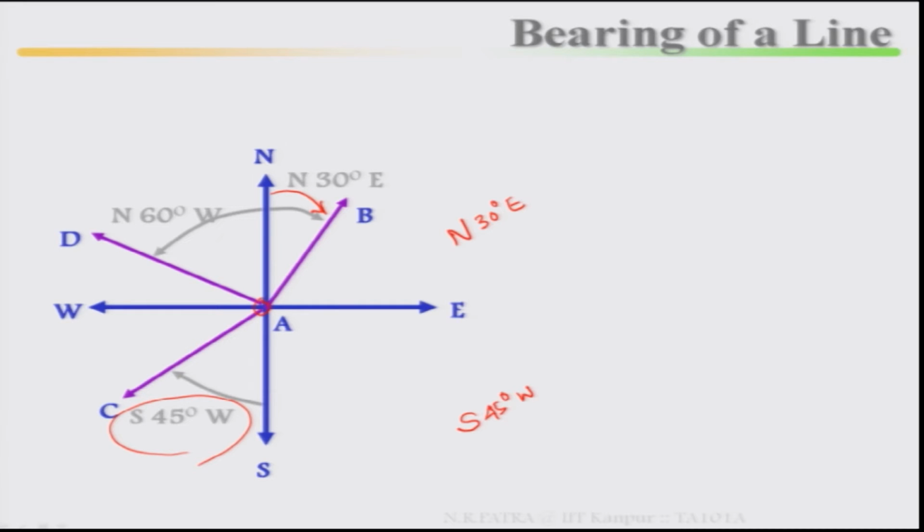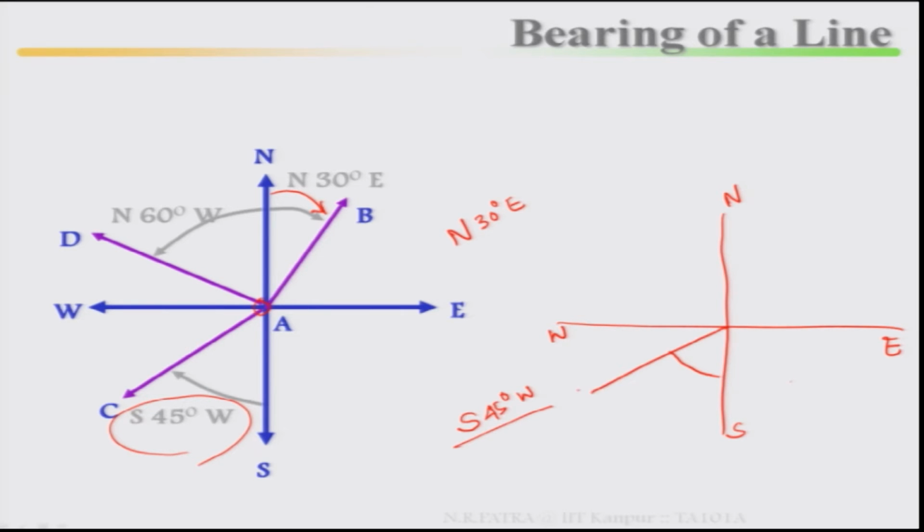Suppose this is O, and it travels in such a way that it moves from south. First, you draw 4 quadrants and mark north, south, east, and west. Now, if it is south 45 degree west, that means the line starts from here and goes to the south, and from south it moves towards west at an angle of 45 degree.